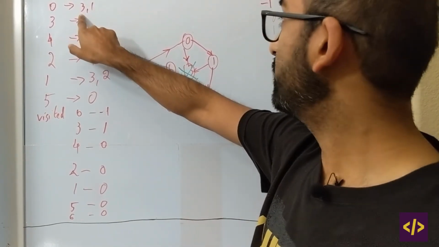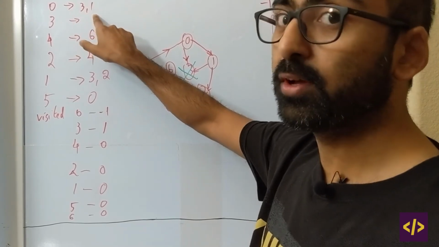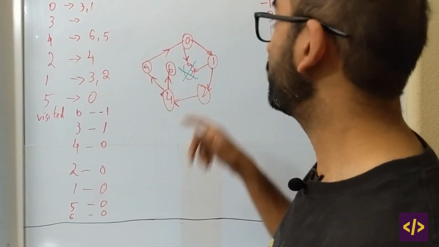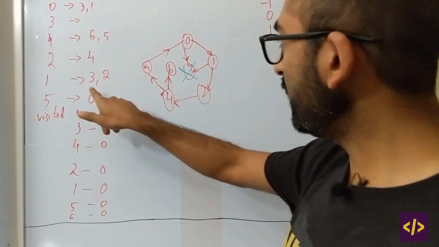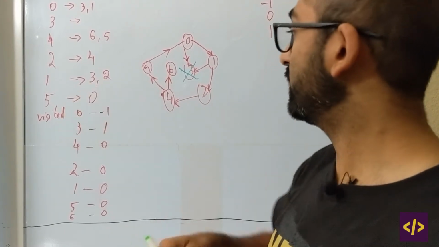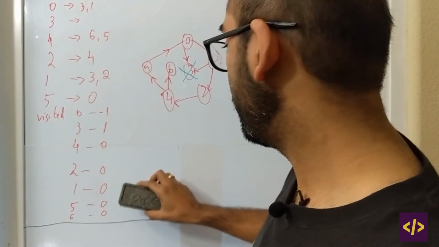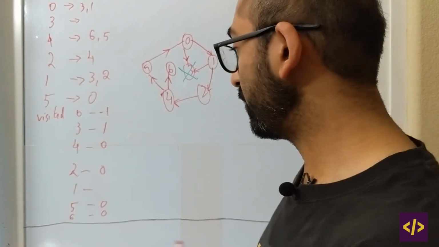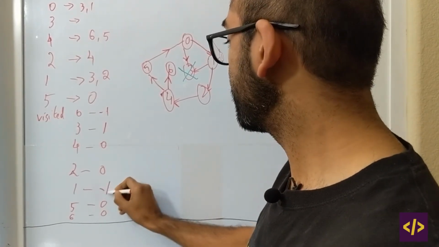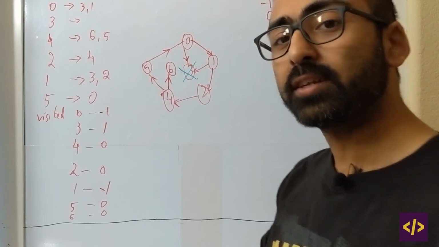So when we've processed 3, now we can process 1. So let's go to 1. And what's the first thing you see in the adjacency list? We forgot to do something. We should have set -1 here. Right?